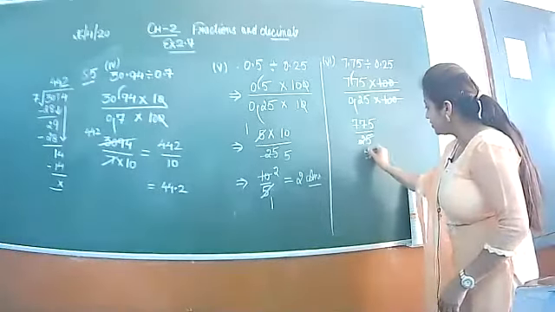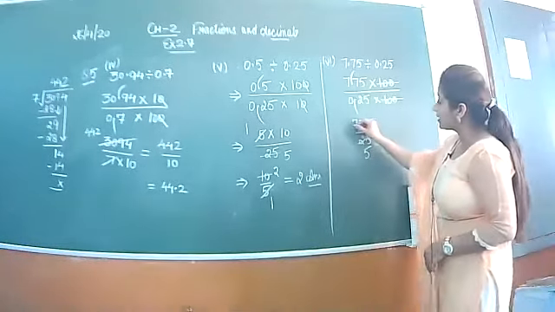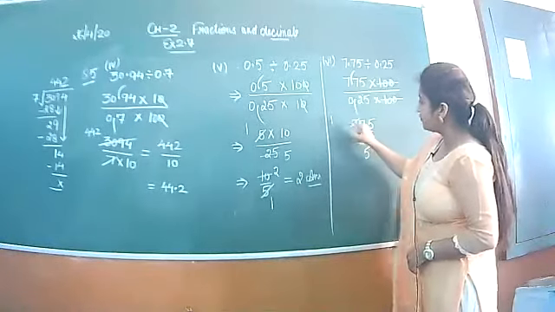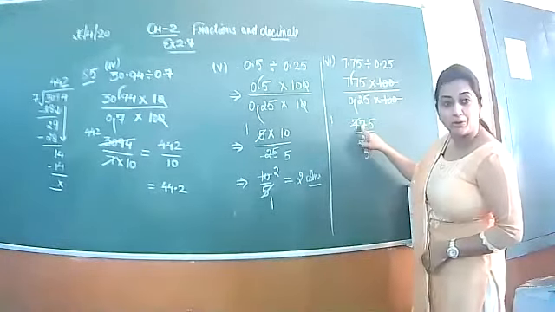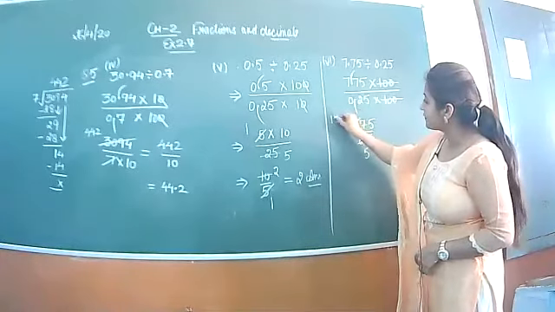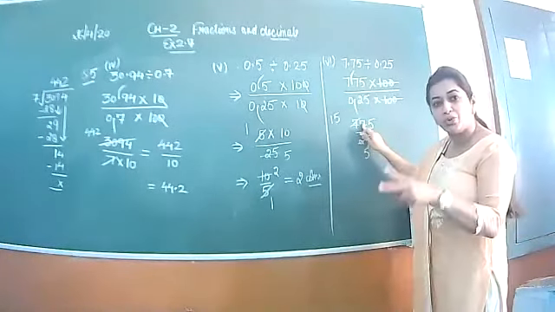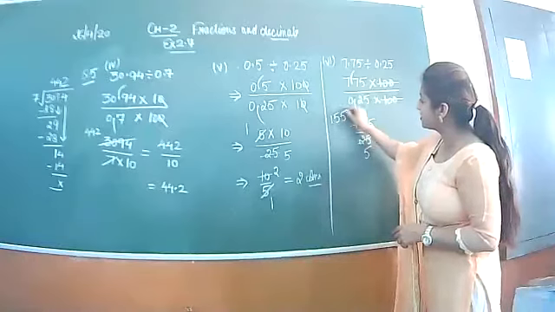5 ones are 5, 5 fives are 25. 5 ones are 5, 2 is left, it will become 27. 5 fives are 25, again 2 is left, 5 fives are 25.